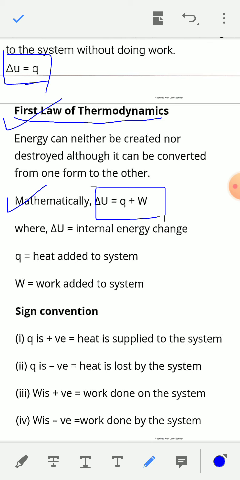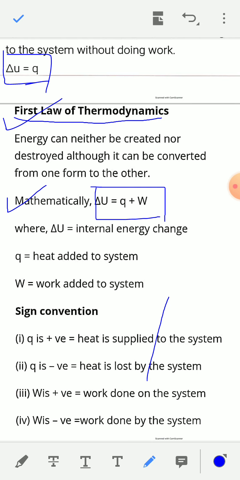Work is also one type of energy. So you have supplied Q amount of energy as heat to the system and you have done W amount of work on the system, then total energy supplied to the system is equal to Q plus W, and change in internal energy is equal to Q plus W. This is the mathematical expression of the first law of thermodynamics.